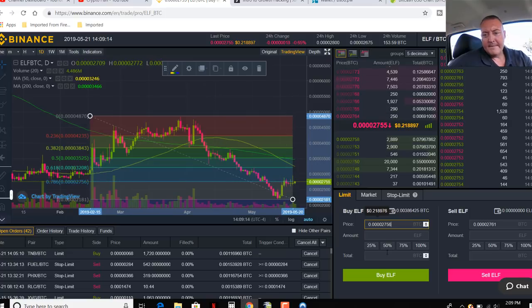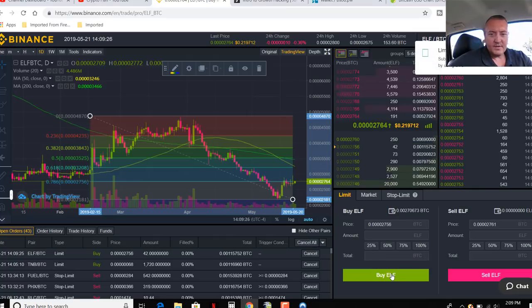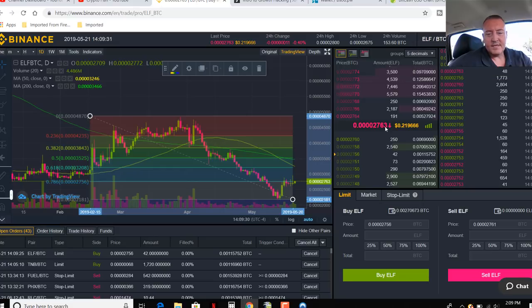Yep. So then right here, I'm only going to spend 0.00117, 1.5% of my BTC, 0.00117. That should give me 42 ELF. Put the buy order in, so if it does drop down to 2756, it'll automatically buy.